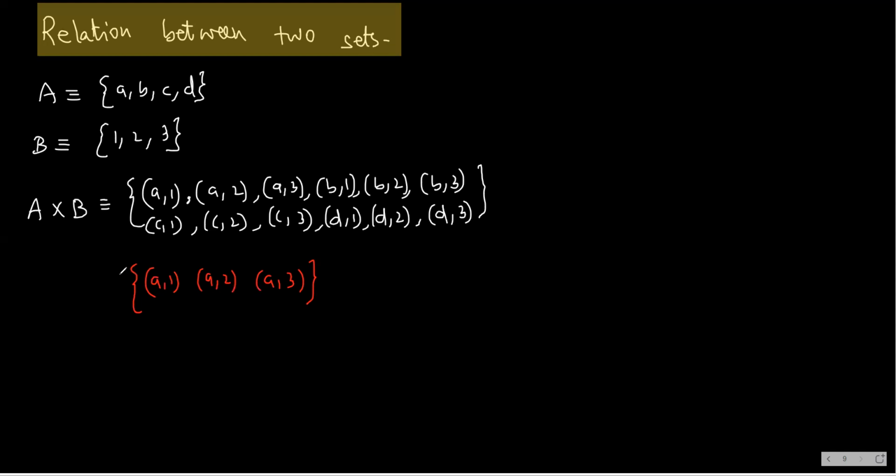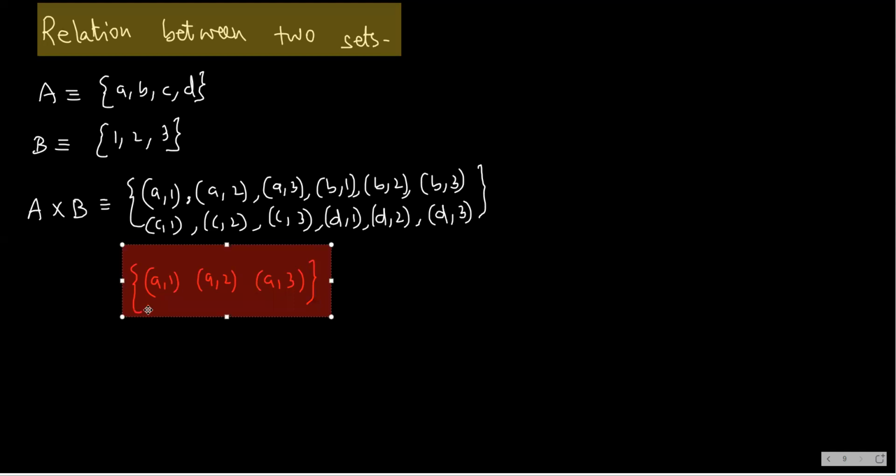Remember, if I write a set which is a subset of A cross B, I will say this set is a relation from set A to set B. Why say relation from set A to set B?